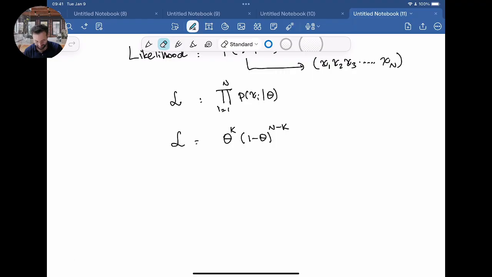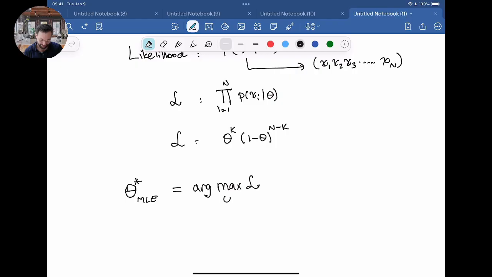Given this function, my task is to find the best theta. I'm going to call it theta star, the maximum likelihood estimation. The best theta that my data presents to me should be the theta that maximizes this function, so the best theta should be at the argmax of the likelihood.